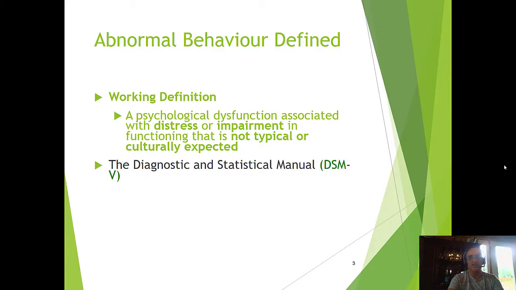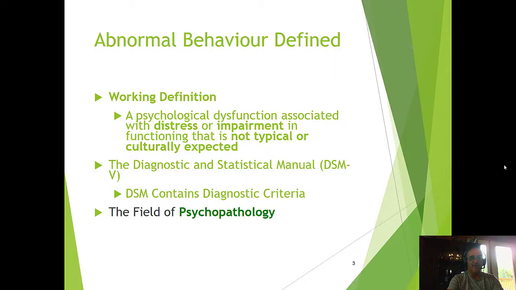The Diagnostic Statistics Manual, the DSM-5, which is a very important resource for our course, and then I will also discuss how we access that in a separate video, it contains diagnostic criteria for abnormal behavior.